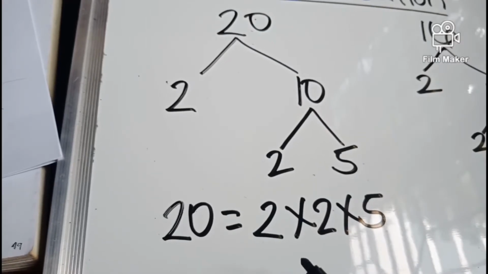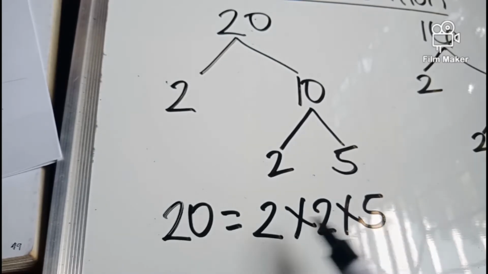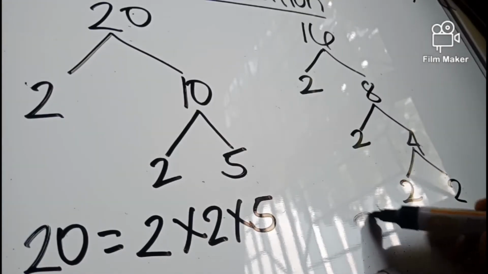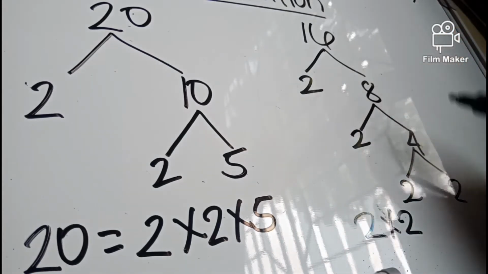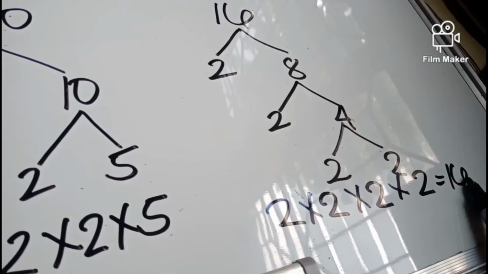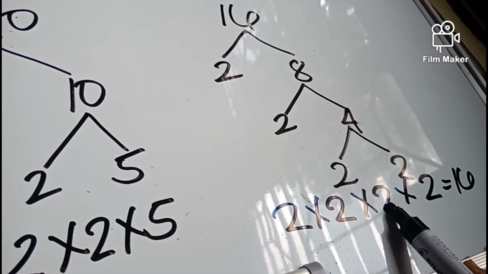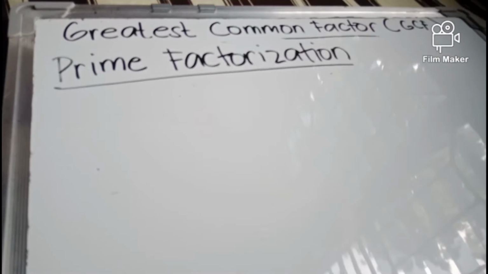So, sa 20, meron siyang 2 times 2 is 4 times 5 is equals to 20. Sa 16 naman ay merong 2 times 2 dahil 4 na 2 yung nandito, 2 times 2 times 2 times 2. So, 2 times 2 is 4 times 2 is 8 times 2 is equals to 16.